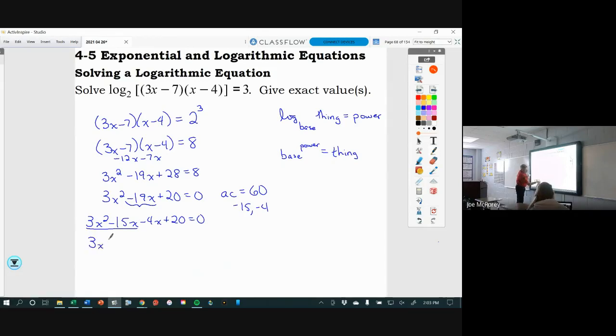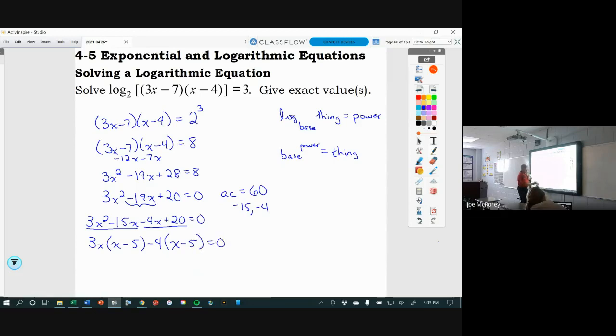What's left? X minus 5. What does my second pair have in common? 4, but because the first term is negative, it's going to be negative 4. If I factor a negative 4 out, negative 4 times what is negative 4x? X. And negative 4 times what is 20? Negative 5.